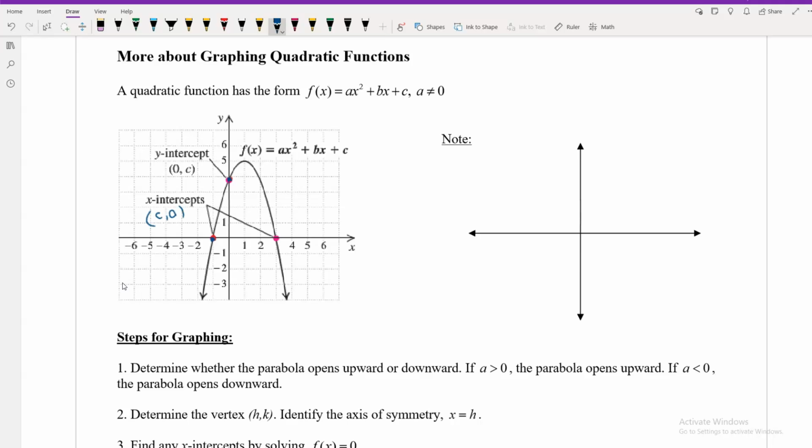So for the y-intercept, x is always equal to 0, and for the x-intercept, y is equal to 0.